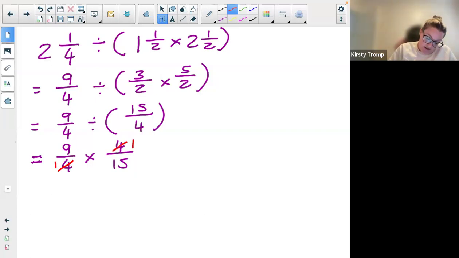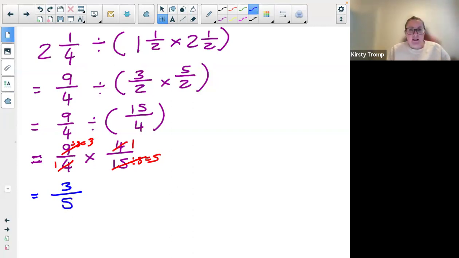Okay. 9 and 15, good. 9 is 3, and the 15 is going to be 5. So 9 divided by 3 gives me 3. And 15 divided by 3 gives me 5. Well done. So I'm going to be left with 3 times 1 is 3. 1 times 5 is 5. So my final answer is 3 over 5. Well done. Thank you so much, Tandile.